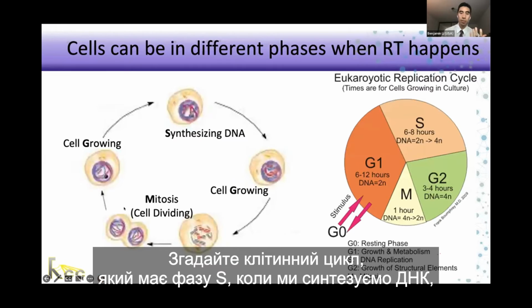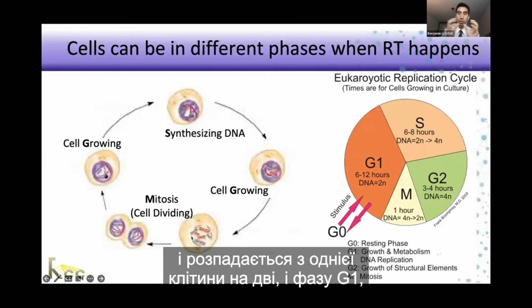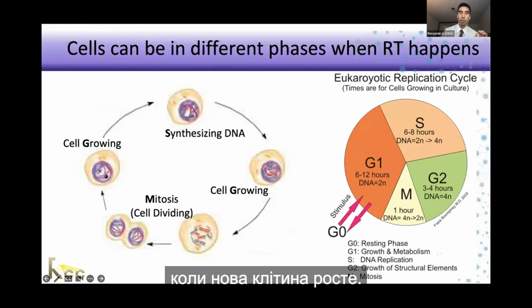Remember the cell cycle, which has the S phase when we're synthesizing DNA, the G2 phase, which is a growth phase, the M phase, which is mitosis, where the cell is dividing and splitting from one cell into 2 cells, and the G1 phase, where a new cell is growing.